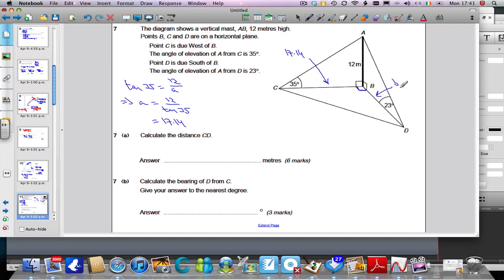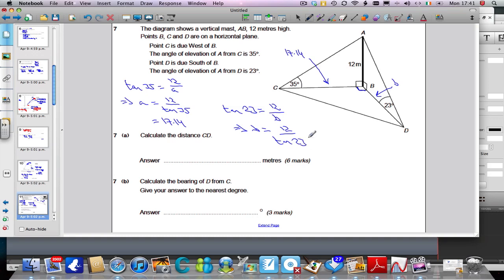This one I'm going to call b. So again, in relation to this angle here, that's the opposite, and that is the adjacent. So again, we're going to use tan. Tan of 23 is going to be equal to 12, the opposite, over b, the adjacent. That means that b is equal to 12 over tan 23.